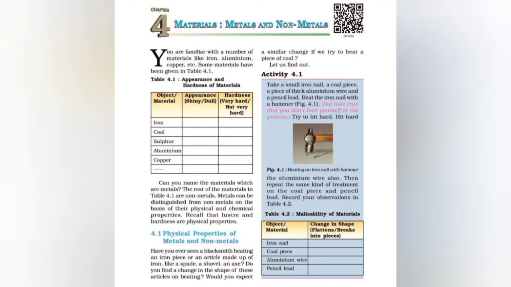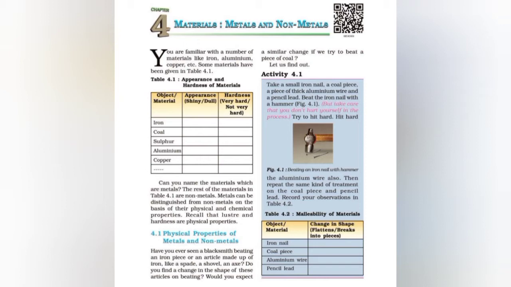We can divide them according to their appearance and hardness. Okay, so can you name the materials which are metals? The rest of the materials in table 4.1 are non-metals.